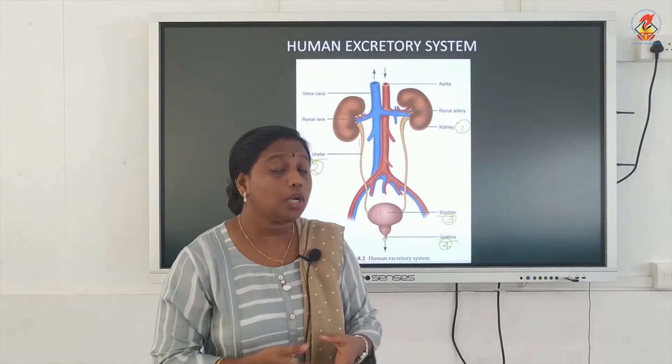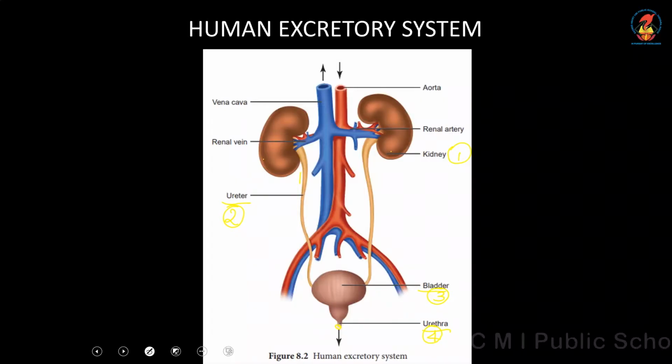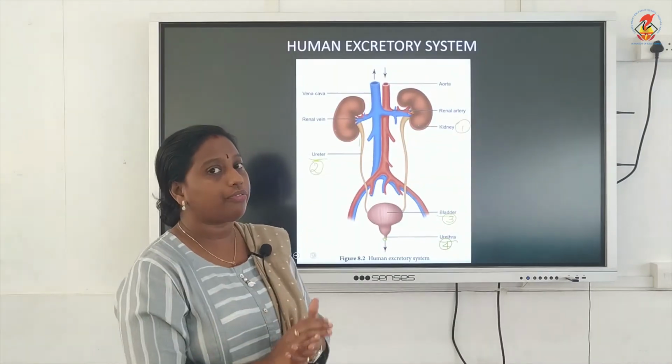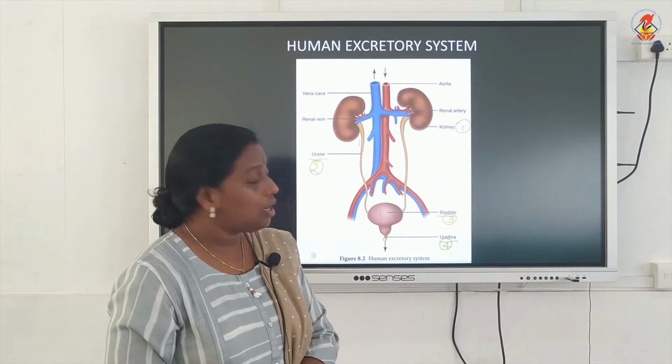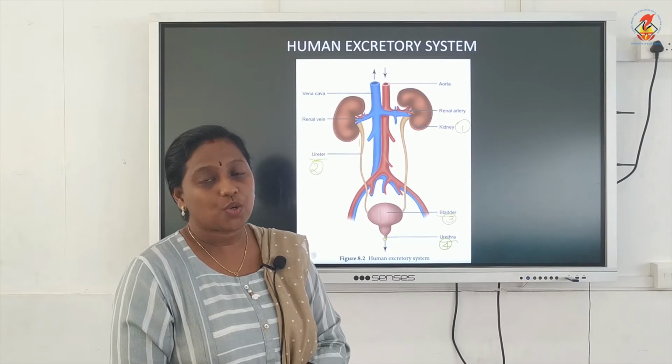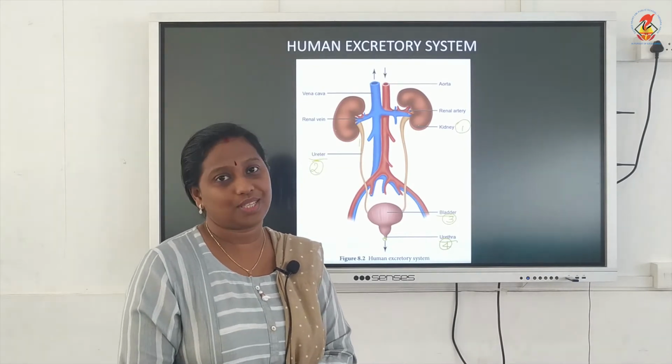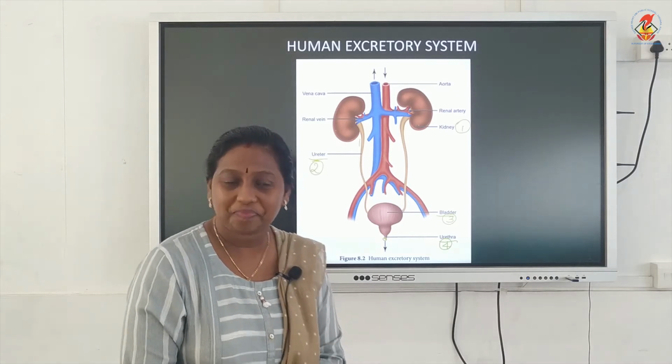This urine which is produced in the kidney will be coming out through the ureters. This urine will get collected in the urinary bladder temporarily, and once the urinary bladder is full, the urine will be excreted out of our body through the urethra. So, this is how your excretory system works. Hope it is clear.